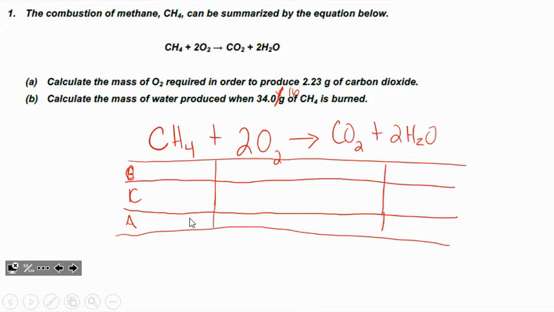So 34 divided by 16 is 2.125 moles of methane.